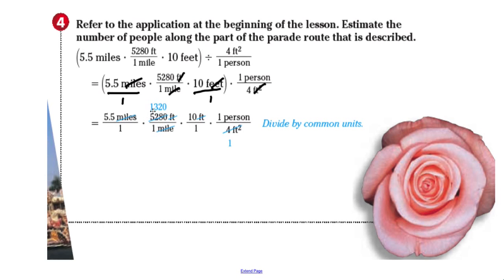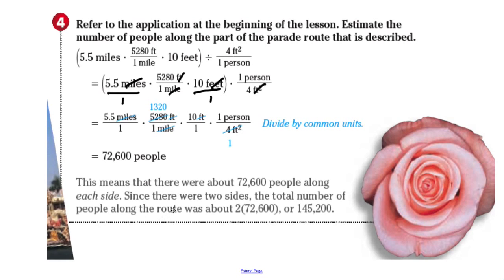So we continue cross canceling. 5,280 feet crosses with 4, which is now 1, and this is 1,320. Then we simply multiply 5.5 times 1,320 and end up with 72,600 people. So at the parade route, there were around 72,600 people along each side.